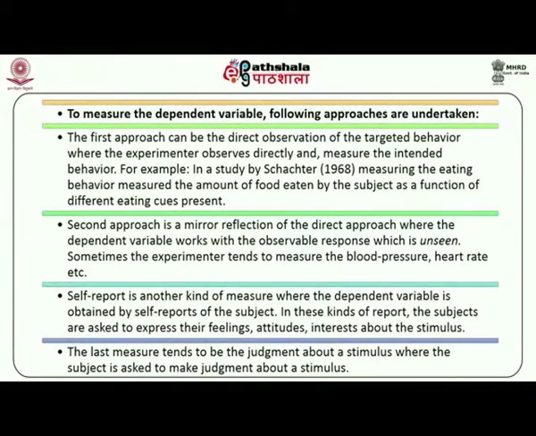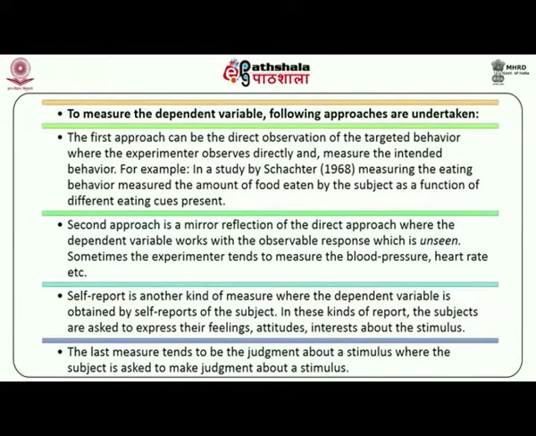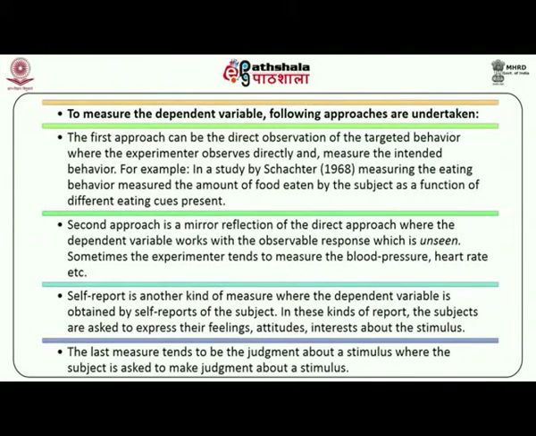The second approach is a mirror reflection of the direct approach, where the dependent variable works with the observable response which is unseen. Sometimes the experimenter tends to measure the blood pressure, heart rate, etc. Self-report is another kind of measure where the dependent variable is obtained by self-reports of the subject.